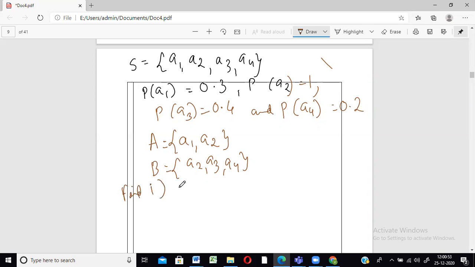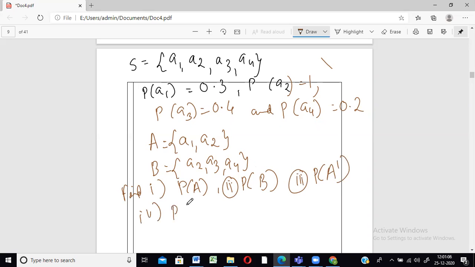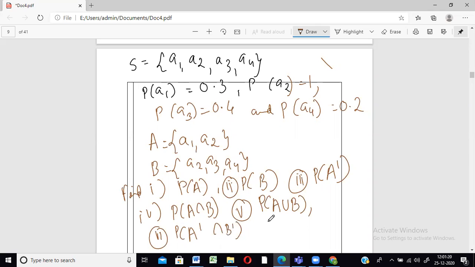Probability of A, probability of B, probability of A complement, probability of A intersection B, probability of A union B, sixth one, probability of A complement intersection B complement.